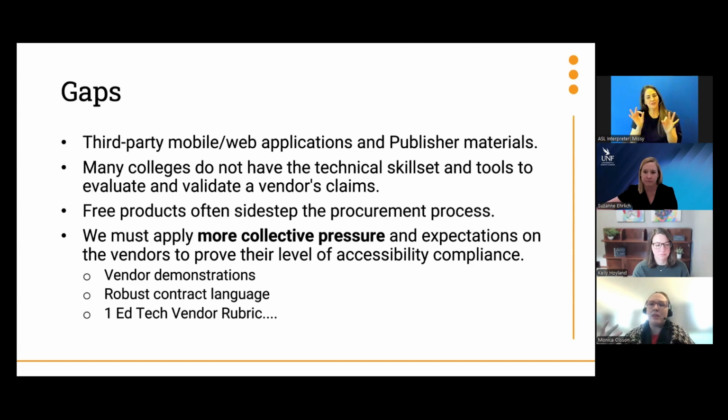So when that happens, we don't know if it's being checked or evaluated for accessibility before it's being used. So that's something that we need to think through in terms of process for adoption and evaluation.